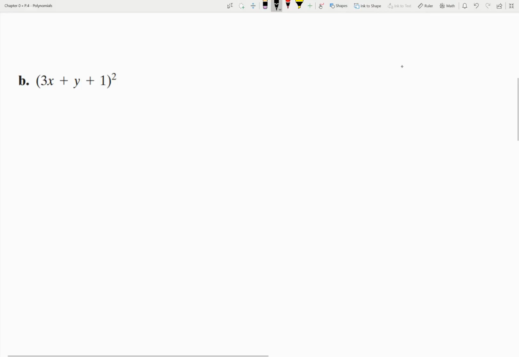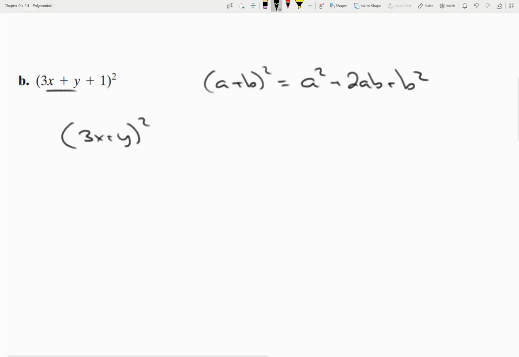So remember to square, which we just did in the previous problem anyway, but I'll write it down again, a squared plus 2ab plus b squared, right? Our a is going to be this, so this is going to be 3x plus y squared plus 2 times 3x plus y times 1 plus 1 squared.